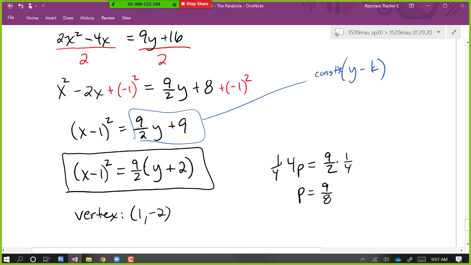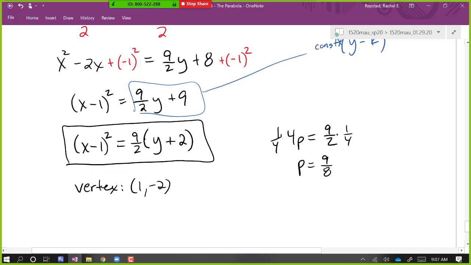It's a positive 9/8. This is a parabola that opens which direction, up or down? It opens upward.